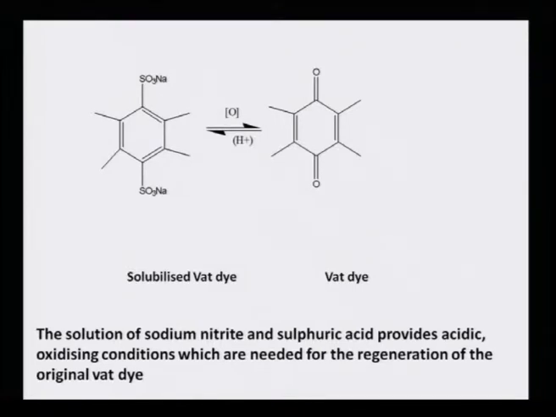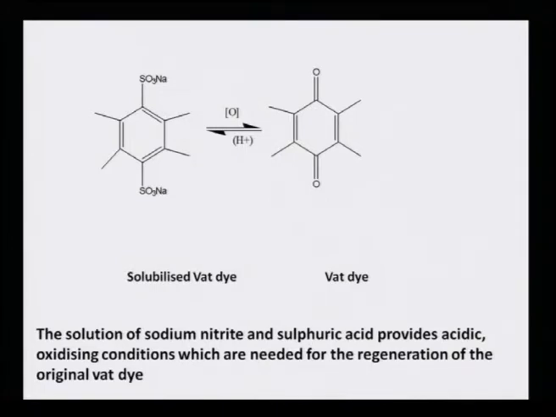The solution of sodium nitrite and sulfuric acid is sometimes added, which provides acidic oxidizing conditions which are needed to regenerate the original vat dye.